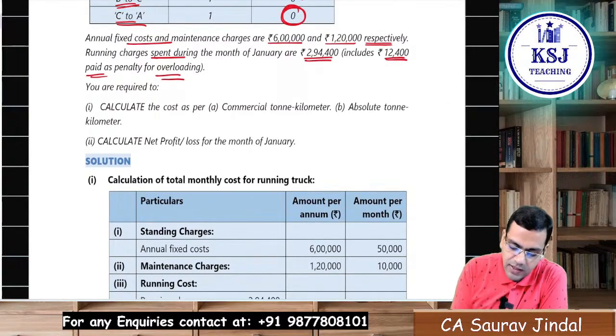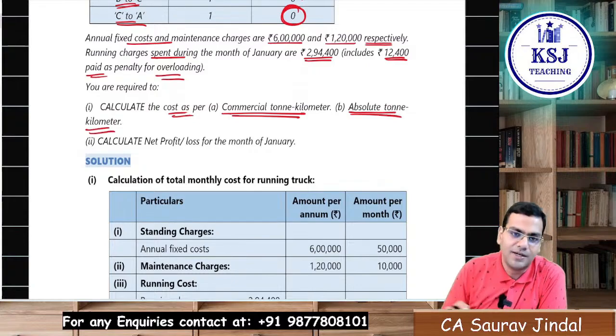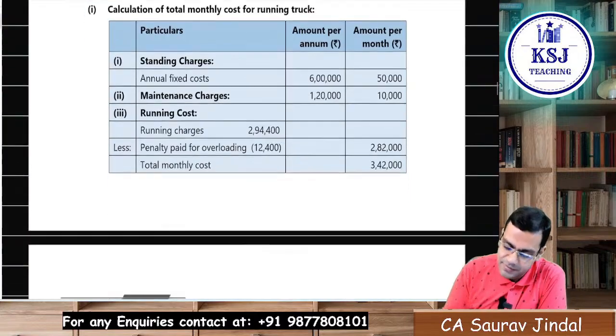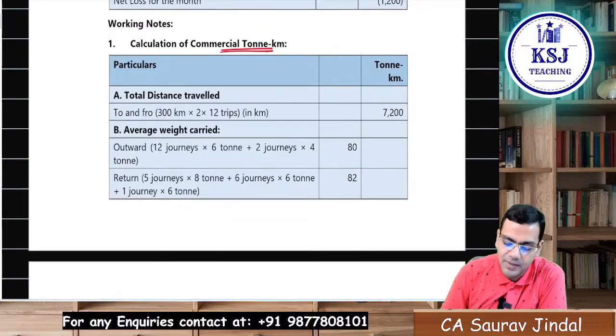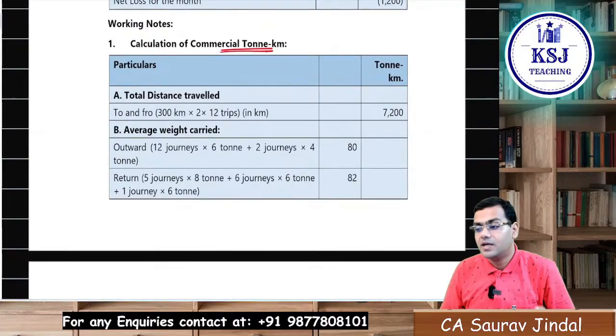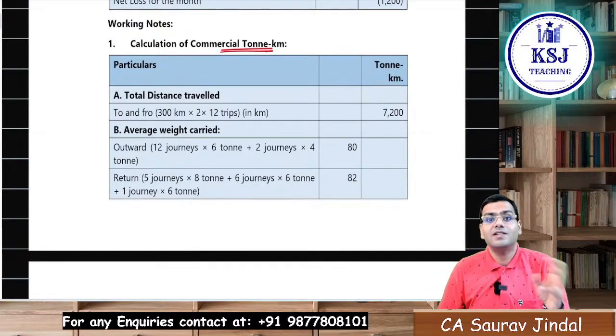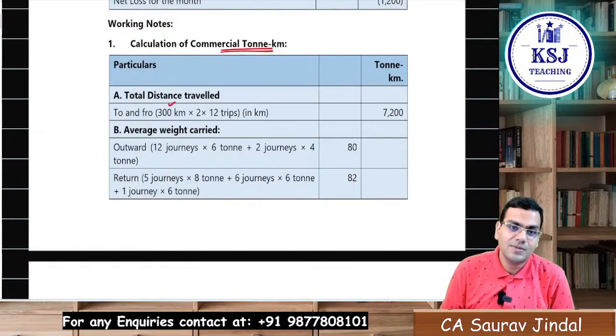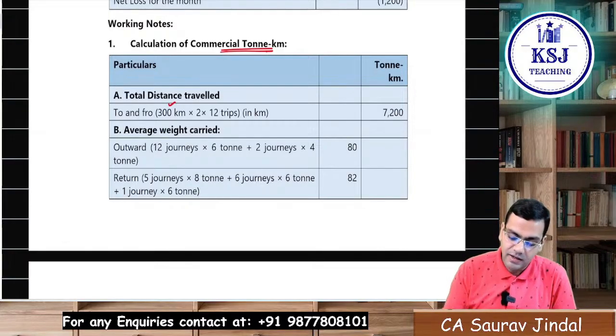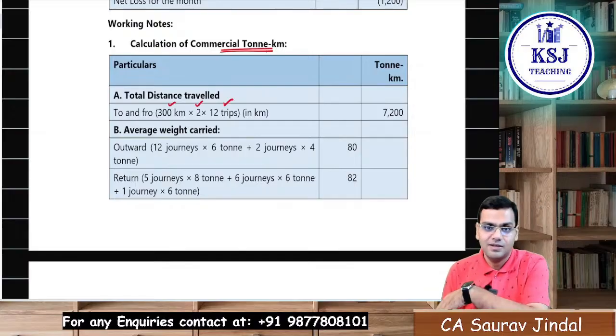Okay, now you are required to calculate the cost per commercial ton kilometer and absolute ton kilometer, right? So let's see, sir, calculation of commercial ton kilometer. So in the commercial ton kilometer, what do we need? The first thing is total distance traveled. Total distance traveled is 300 kilometers, twice into 12 trips. 12 trips is one side, right?